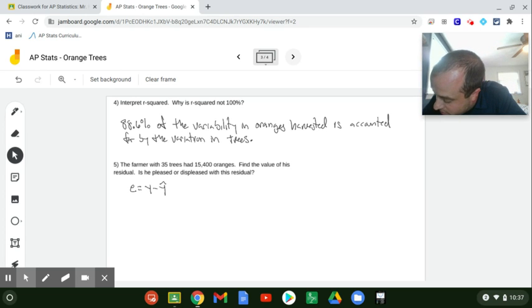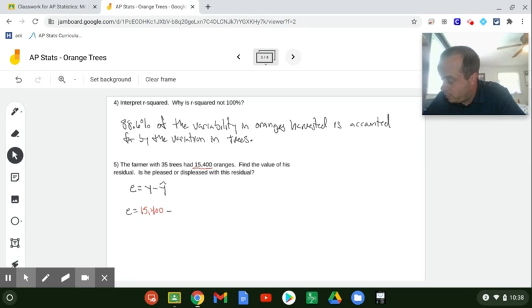So I know, starting out right here, that my actual value was 15,400. What I don't know is what my predicted value is, but I can use the equation to figure out what my predicted value would be.